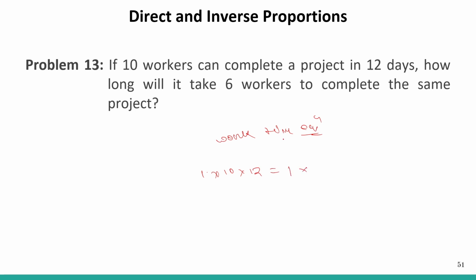We have number of tasks 1, and number of workers equal to 6. The number of days we don't know, so let it be x. This implies that x is equal to 10 into 12 by 6, which is 20. So 20 will be the final answer. That is, it will take 20 days for 6 workers to complete the same project.